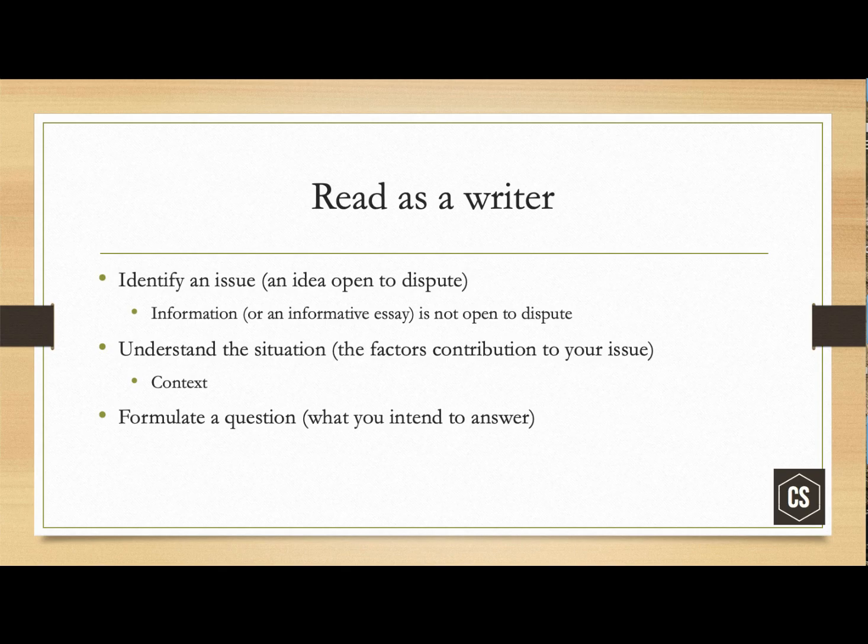Understand the situation or the factors that contribute to your issue. In other words, you've provided background and context, or you can figure out background and context before ultimately formulating a question, which is the question that you intend to answer with your research. I don't want you to tell me what you're going to tell me because you need the research before you can reach a conclusion about the topic.